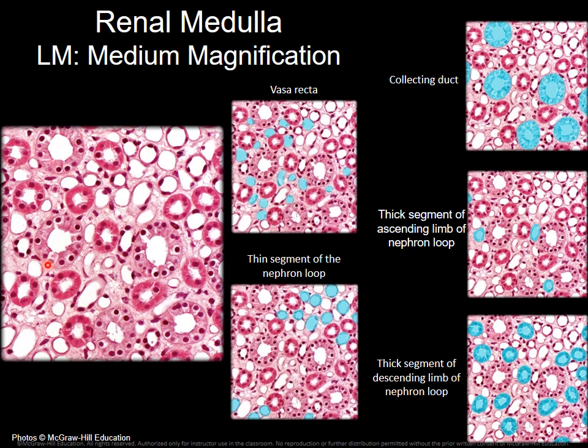And then these larger tubes, remember, are going to be the collecting ducts, which also pass through the medulla. So the medulla is essentially going to be blood vessels, vasa recta, capillaries, thin segment tubes, thick segment tubes, and collecting ducts.